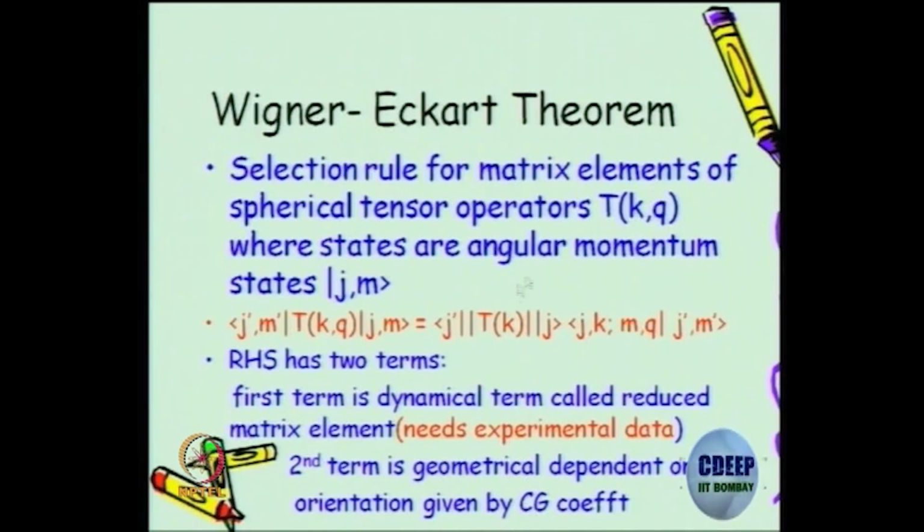This is what we call some reduced matrix element, which has information about what operator I am looking at and looks at only the total angular momentum of the initial state and the final state. This information I don't have, but definitely the CG coefficient I have the information. So that tells me which element will be 0, which element will be non-zero from the CG coefficients.